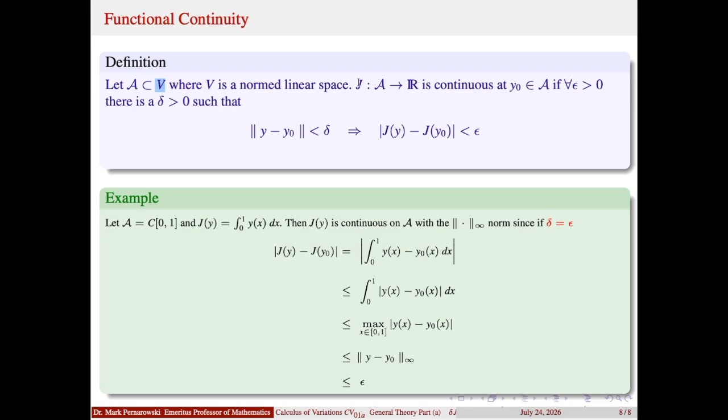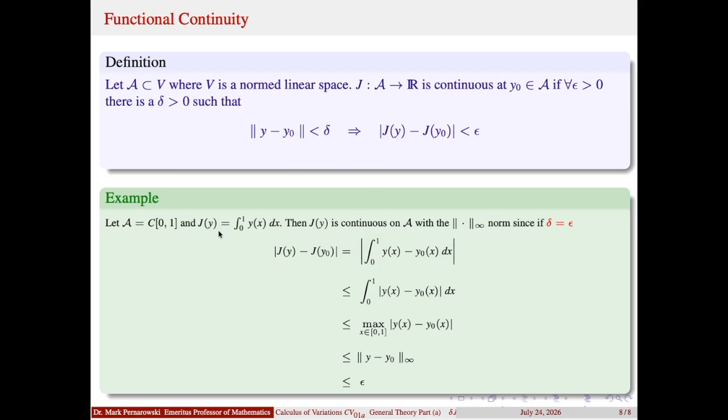To say that J is continuous at a point in A is almost identical to the definition for continuity of functions f of x. That is to say, if I pick an epsilon greater than 0, then the distance from J of y to J of y naught is small if the distance between y and y naught is sufficiently small. Here I'm using the norm to get the distance.